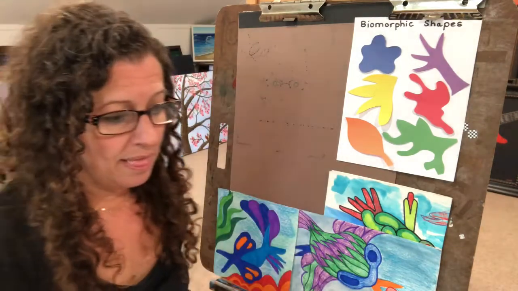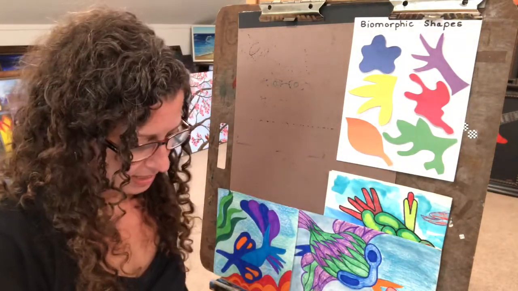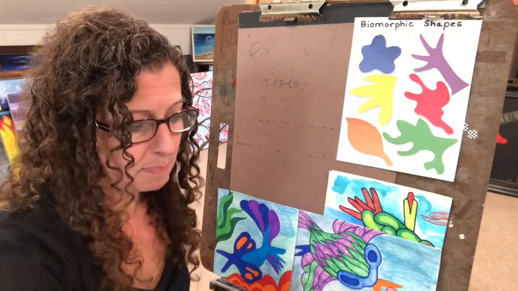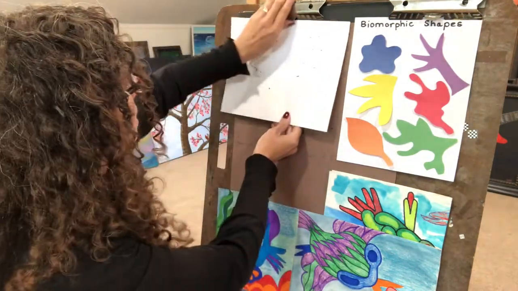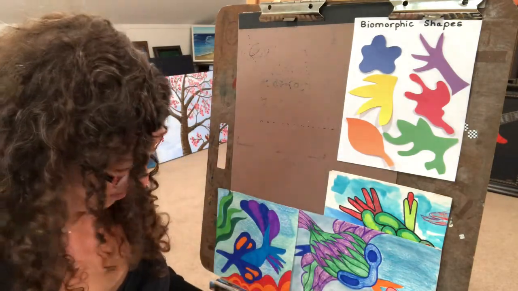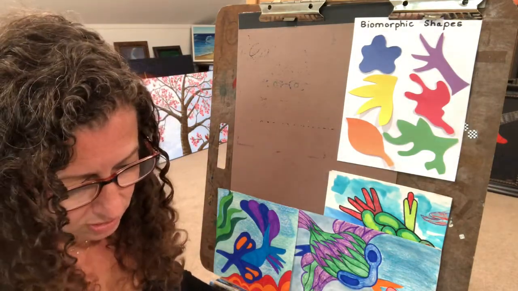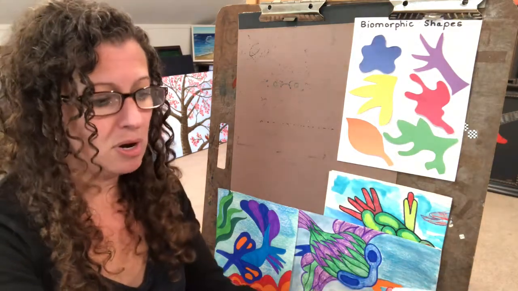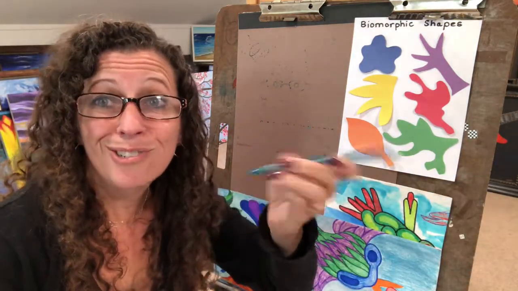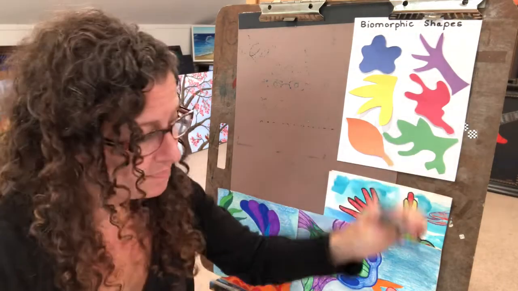So what I need you to do is this. I need you for today to find a regular piece of paper, just a piece of paper. And once you've gotten a piece of paper, then you also need a pencil, and hopefully with an eraser so that if you make a mistake, you can erase it.